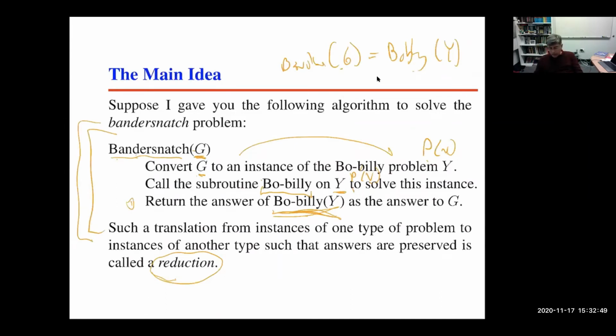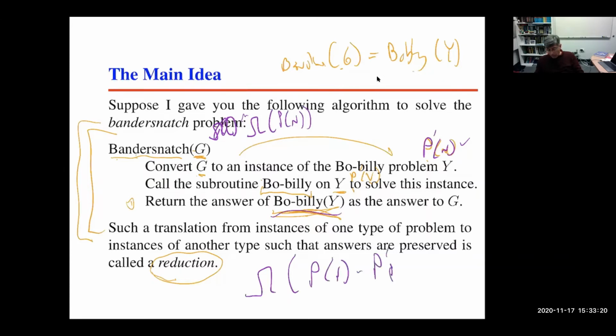If the translation, which is typically fast, just reformatting the input, takes p'(n) time, and Bandersnatch takes at least p(n) time, let me write that down, at least p(n) time, then mobility must take at least p(n) minus p'(n). Okay?